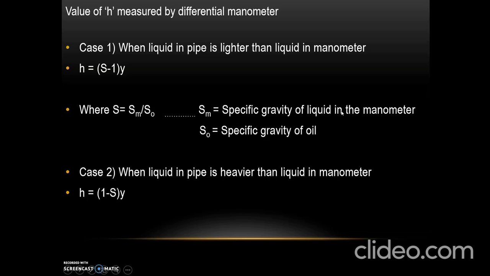SM is the specific gravity of the liquid in the manometer and SO is the specific gravity of oil. And case 2, when the liquid in the pipe is heavier than the liquid in the manometer. So H will be equal to 1 minus S into Y, and S will again be SM divided by SO.